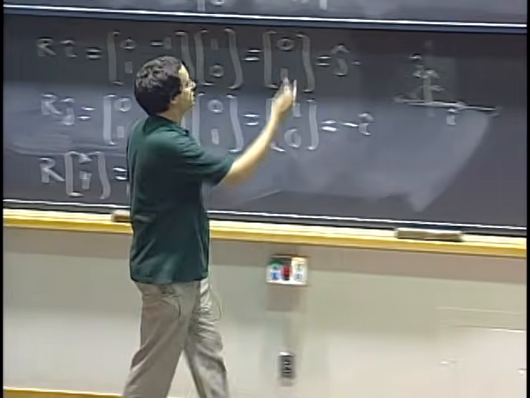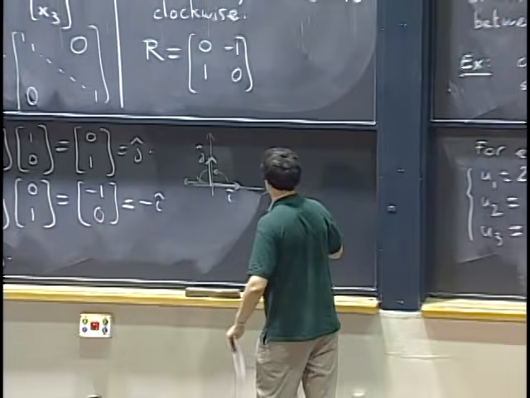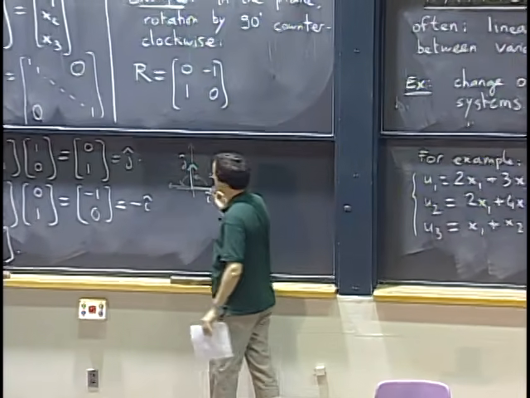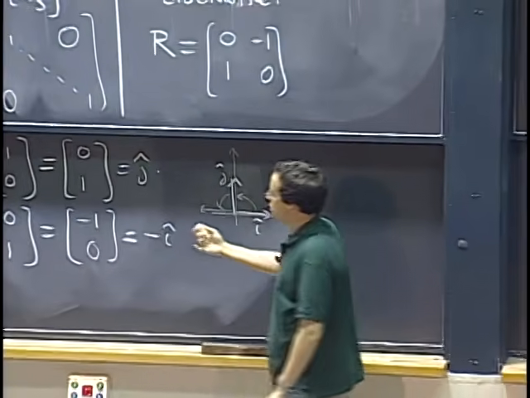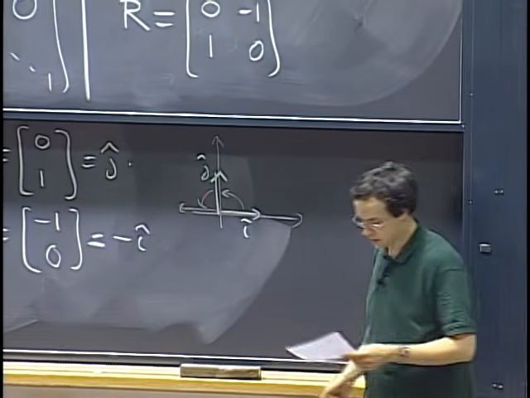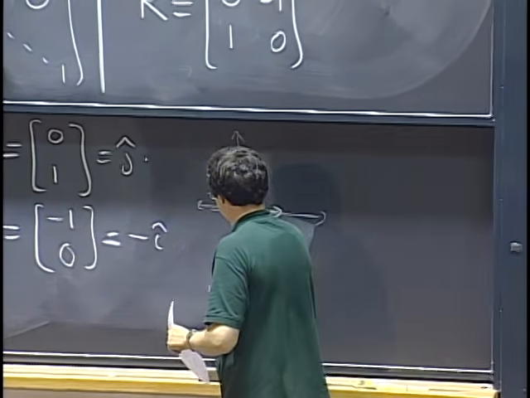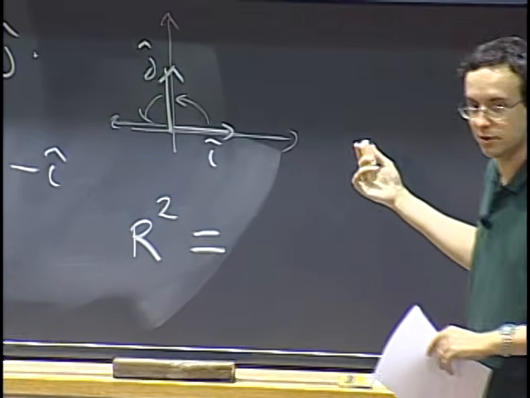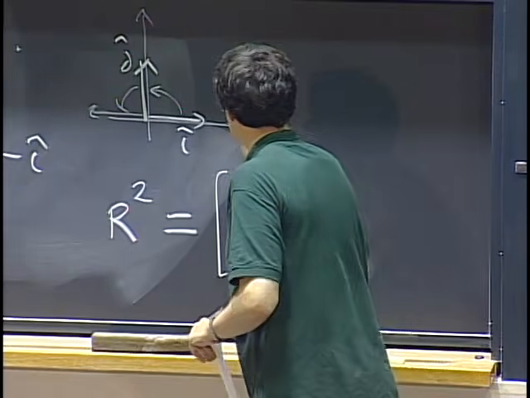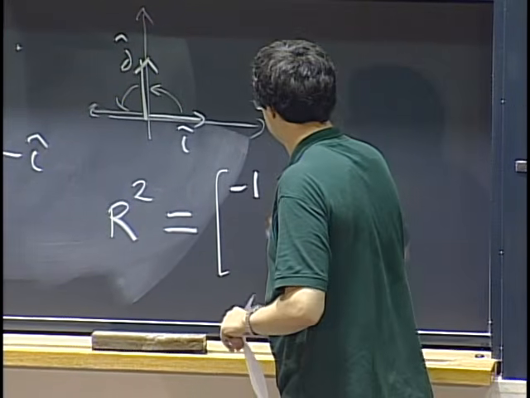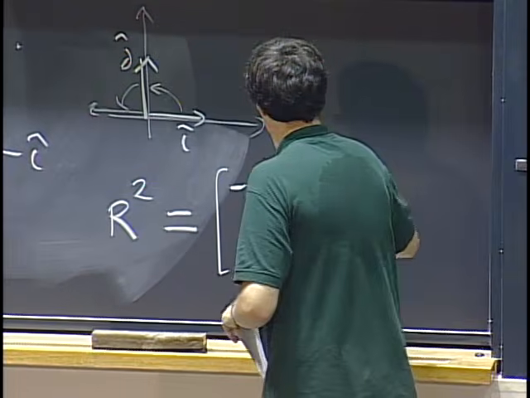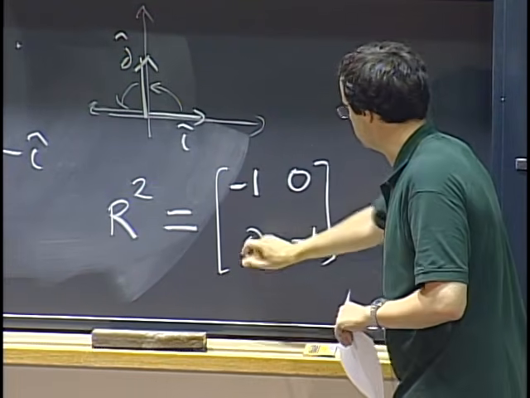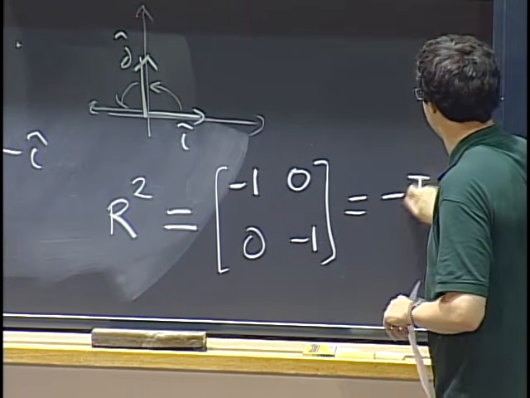So what's interesting about this matrix? Well, we can do computations with matrices in ways that are easier than writing coordinate change formulas. For example, if you compute R squared, so if you multiply R with itself, I'll let you do it as an exercise, but you will find that you get (minus 1, 0, 0, minus 1). So that's minus the identity matrix.